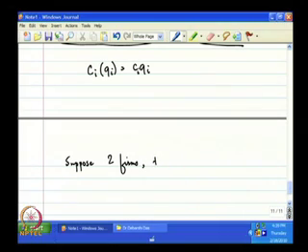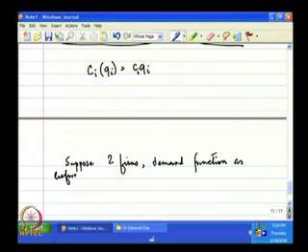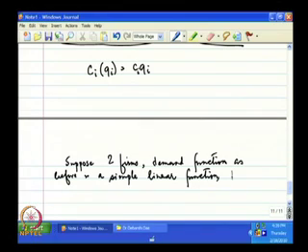The demand function, as before, is a simple linear function, that is the inverse demand function alpha minus q, where alpha is greater than q.